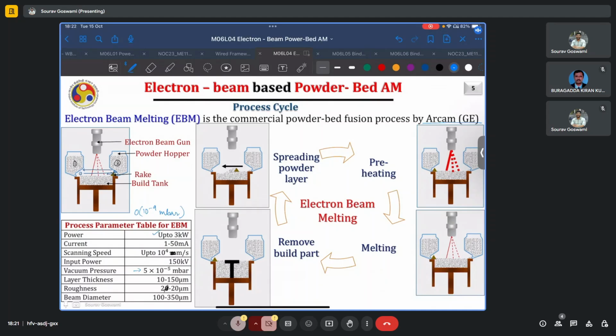The reason that we do not have a finer or smaller beam dia, which by the way is possible with lasers, is because electrons are charged particles, and if we try to decrease the beam dia too much while keeping the electron flux constant, after a point the charged electrons will start repelling each other, and physically it will not be possible to contain them into a very small spot.